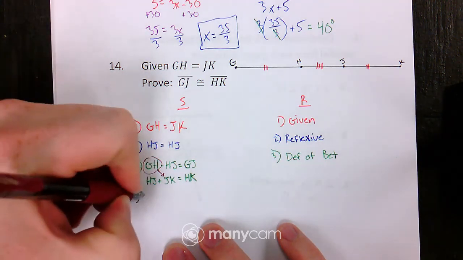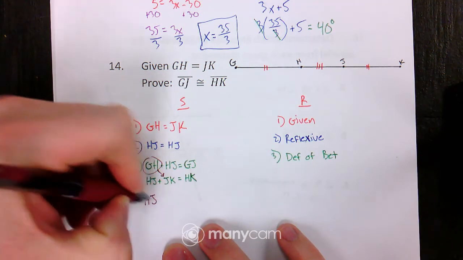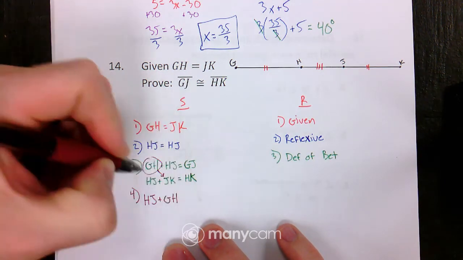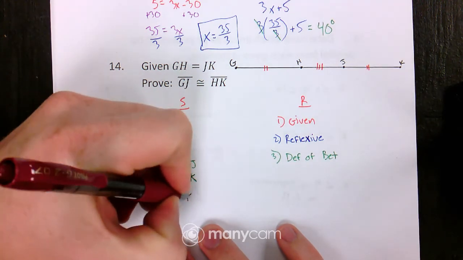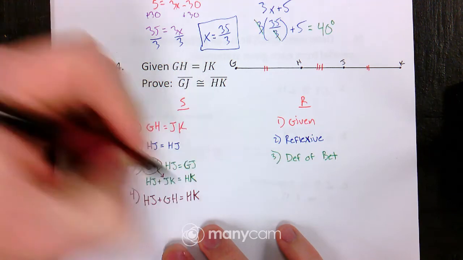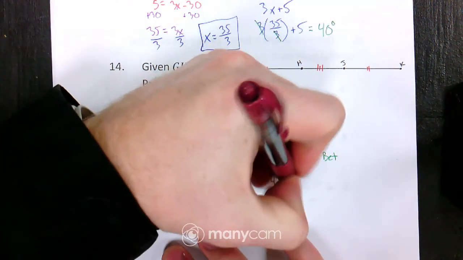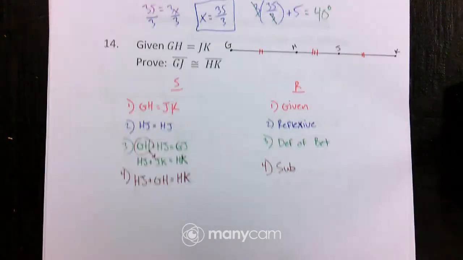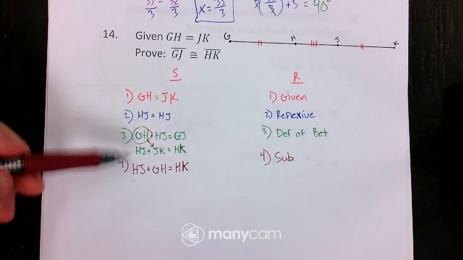Okay? So I'm going to say HJ plus GH equals HK. And I use substitution. Okay, I substituted. Now wait a second.